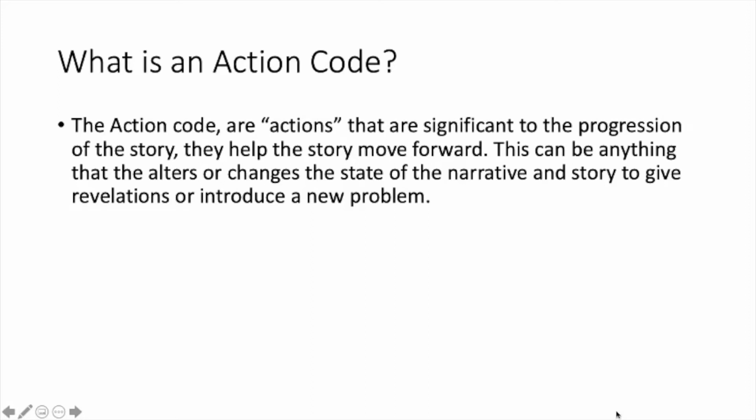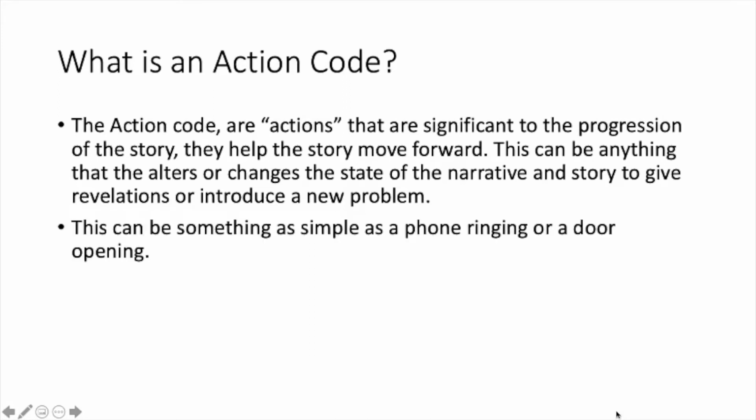It can be anything, and I mean literally absolutely anything, that changes the state of the narrative and the story. So anything that changes or alters where the story is going to go, alright? Often, they may introduce a new problem or introduce a revelation or something significant that is new to the narrative. So it's literally anything that can move the story forward.